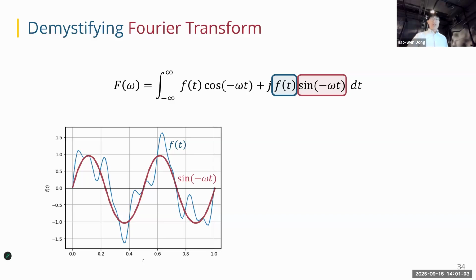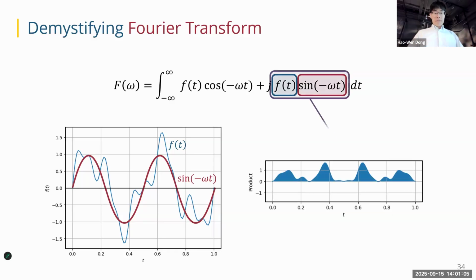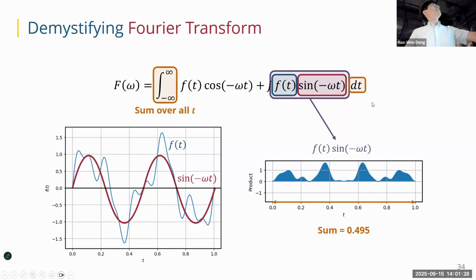Anyway, we'll get into why there's a cosine and sine later. But pretty much what you're seeing here is that you get these two things and then you take their product together. And then there's this sum over t.